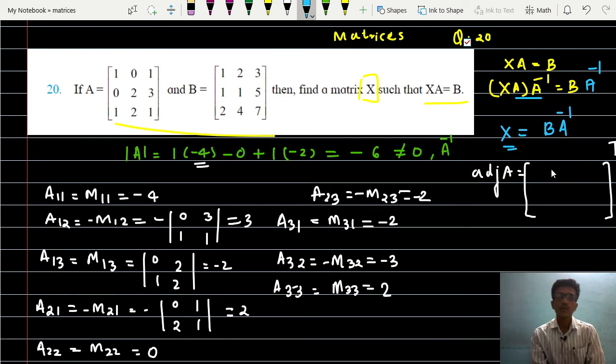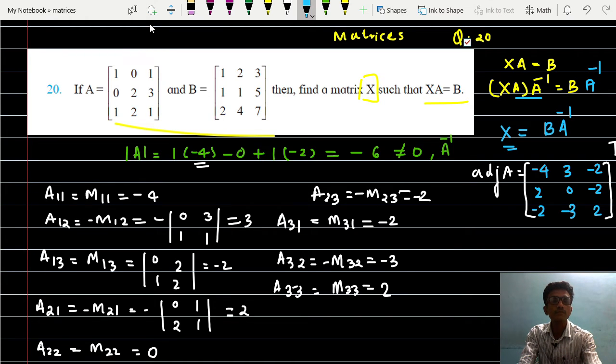So A11 is minus 4, A12 is 3, A13 is minus 2, then A21 is 2, A22 is 0, A23 is minus 2, A31 is minus 2, then A32 is minus 3, A33 is 2. After finding this, we find the transpose of this matrix.